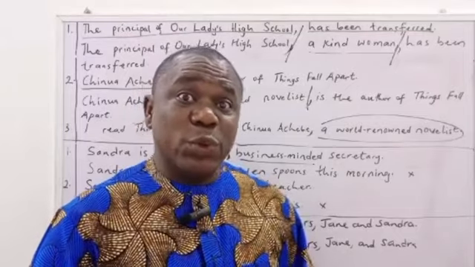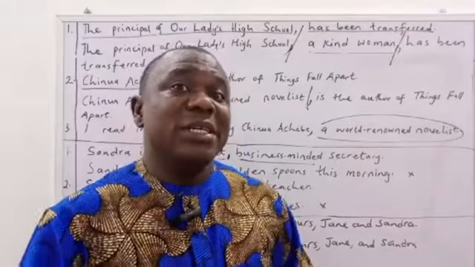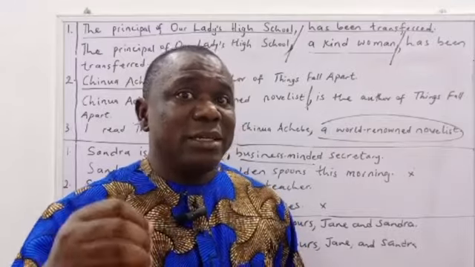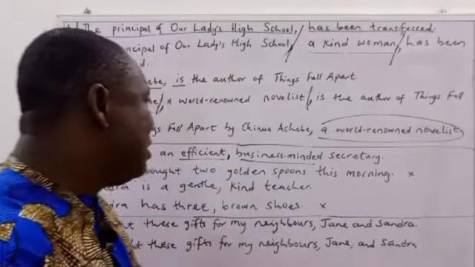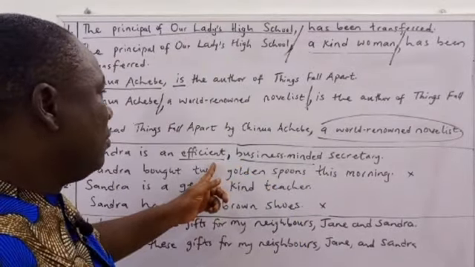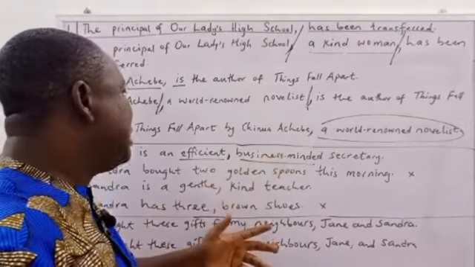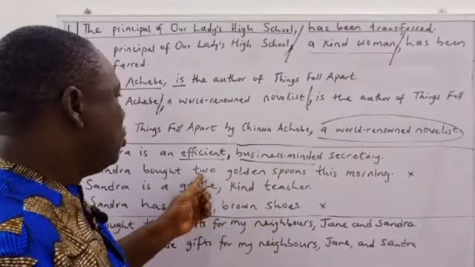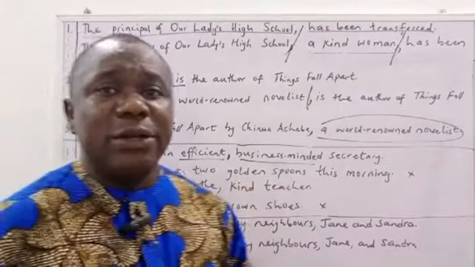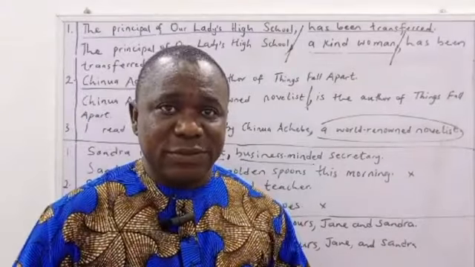They are 2 or more adjectives that modify the same noun. Now, why is it that efficient, business-minded are coordinate adjectives and these 2 golden spoons are not coordinate adjectives?